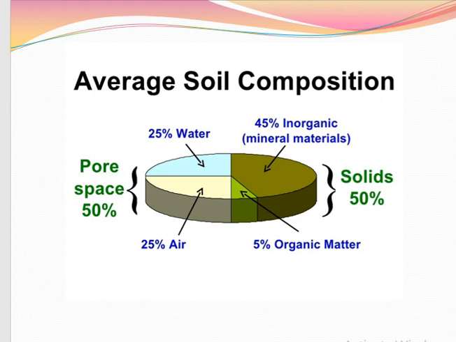Then the rest, 5%, is organic matter, which is very essential for healthy quality of produce. It is known as organic matter. Okay, this is all about average composition of soil.